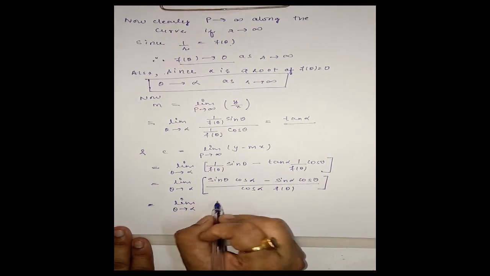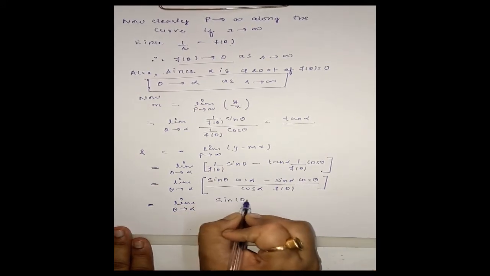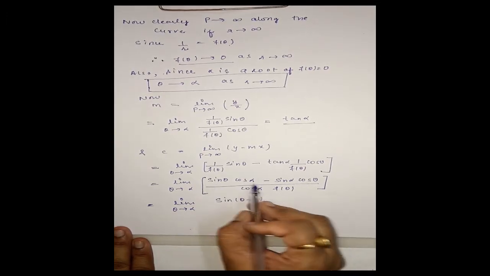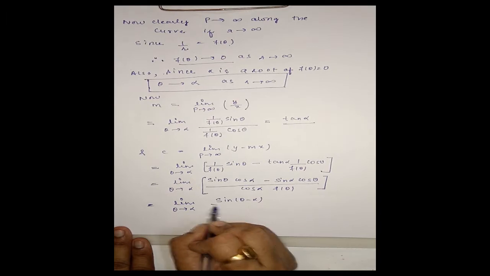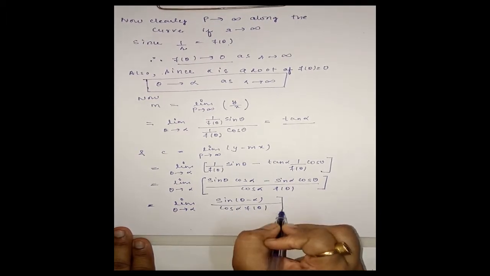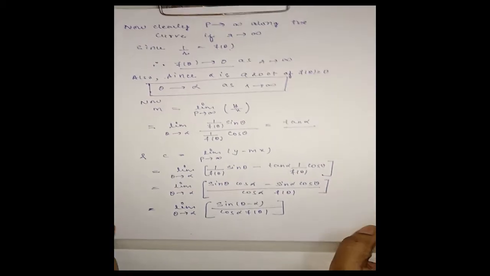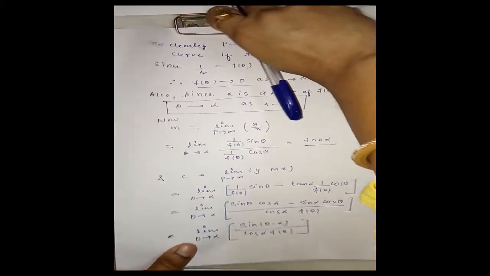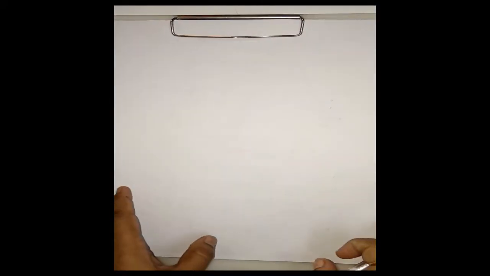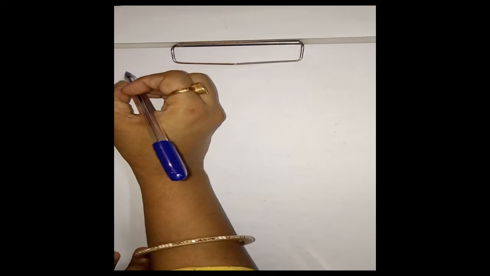This is nothing but sin(theta minus alpha), since sin(theta minus alpha) is sin theta cos alpha minus sin alpha cos theta, over cos alpha f of theta.